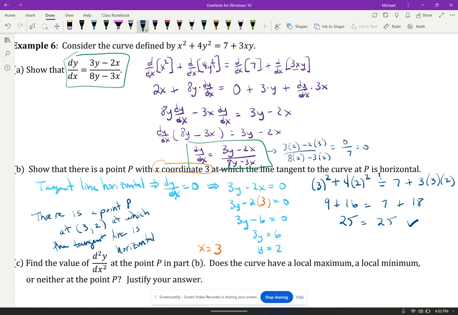How do I know that? Because this x and y pair made the derivative equal to 0, and this x and y pair is actually on the curve, which I guess I should check first, right, to make sure the point even exists.